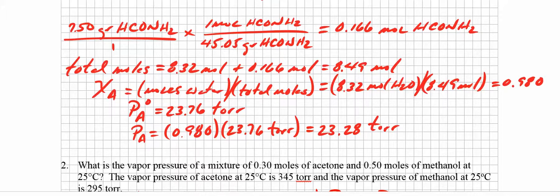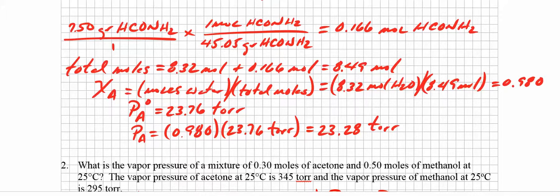P sub A naught, we've been told, is 23.76 torr. Remember, torr is a unit of pressure. So the new vapor pressure, the pressure after the formamide has been added, is P sub A equal to 0.980, that's chi sub A, the mole fraction of water, times the vapor pressure of the pure water, 23.76 torr.